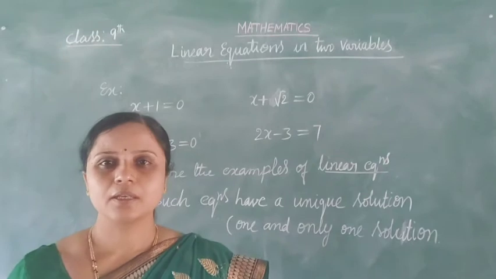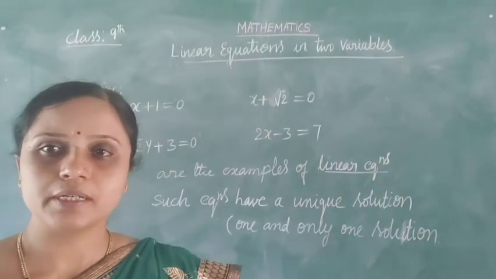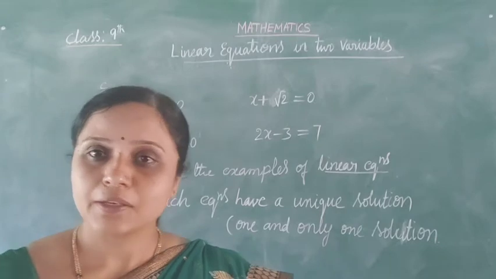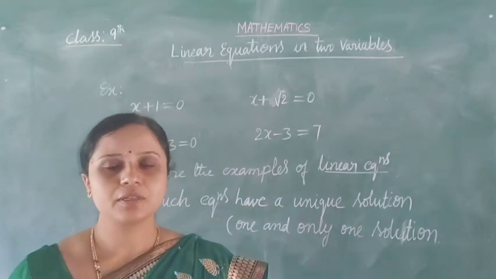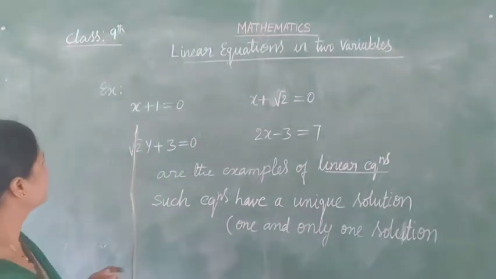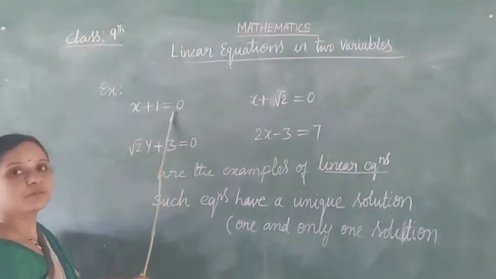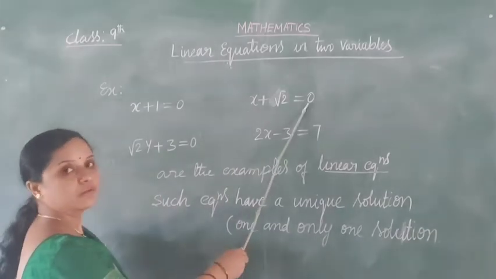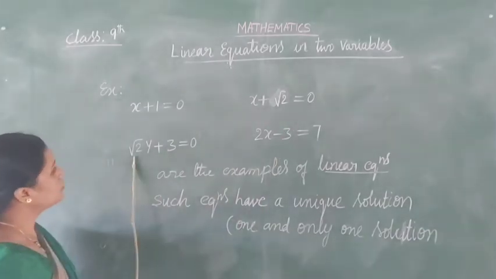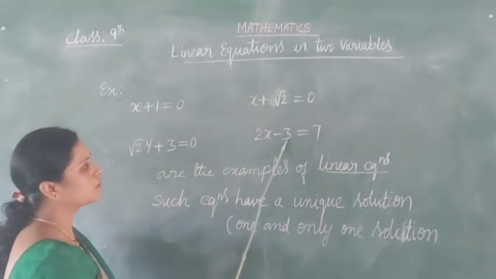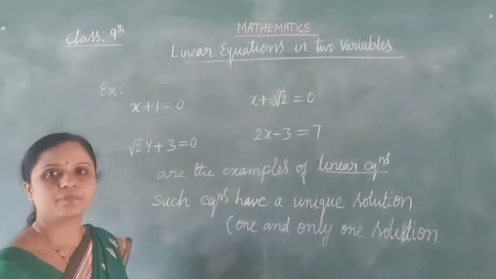Students, in your earlier classes you have studied about linear equations in one variable. Can you tell the linear equations in one variable? Yes. You can see this one. x plus 1 equal to 0, x plus root 2 equal to 0, root 2 y plus 3 equal to 0, and 2x minus 3 equal to 7.